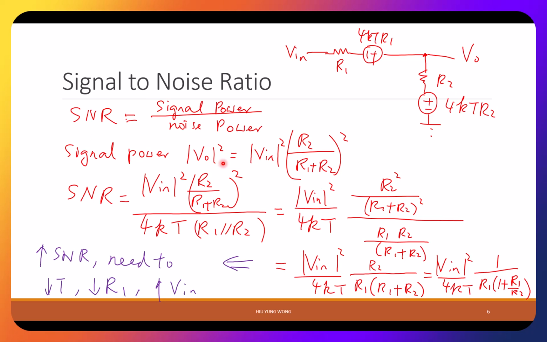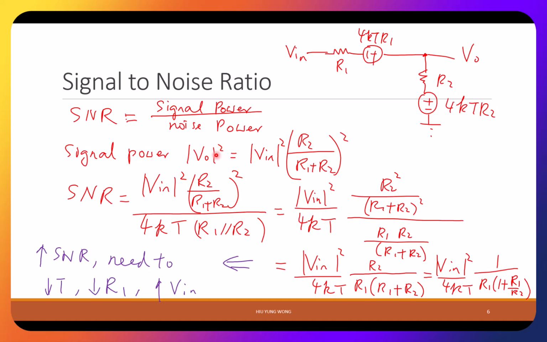The real power needs to be renormalized depending on your system, maybe a 50 ohm or 100 ohm system. But here we just talk about the voltage squared so that we don't need to worry about the resistance. And then you normalize it when you need it, right?